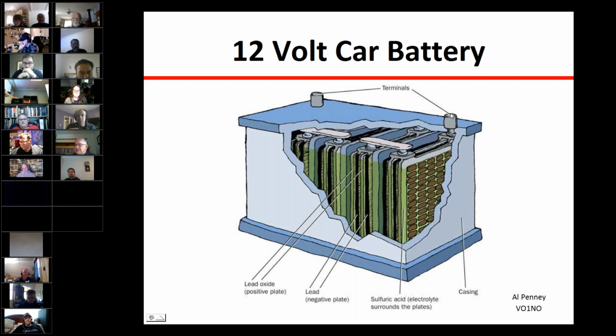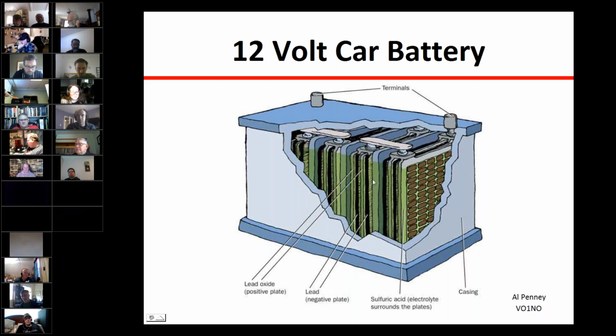And you can recharge these by reversing the flow of current, which reverses what happens to the plates. The lead oxide changes back to lead, and lead changes back to lead oxide when the current flows through in the opposite direction. Okay, and that's what the inside of a car battery looks like.